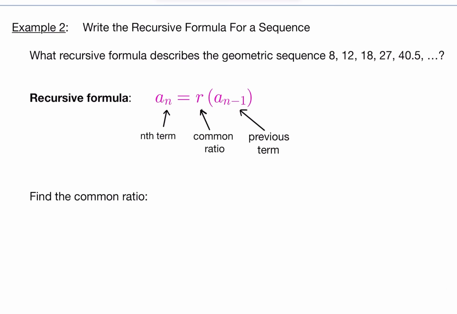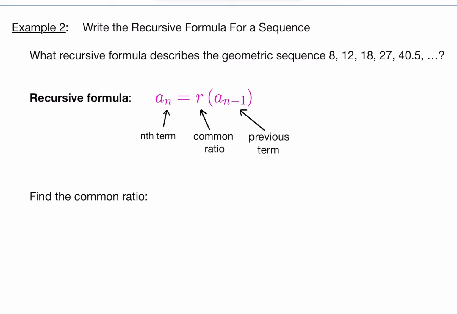This is what's called a recursive formula. The recursive formula helps us to identify the next term given a particular term, as long as you have the common ratio.